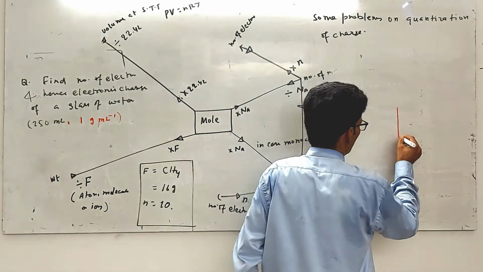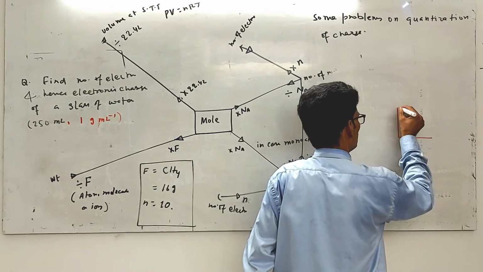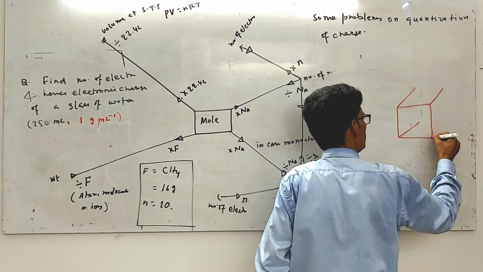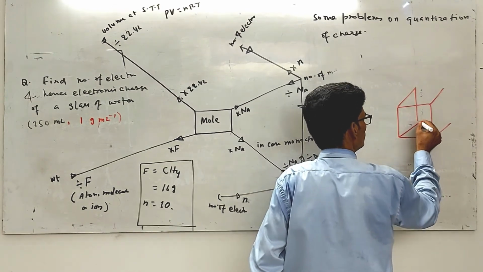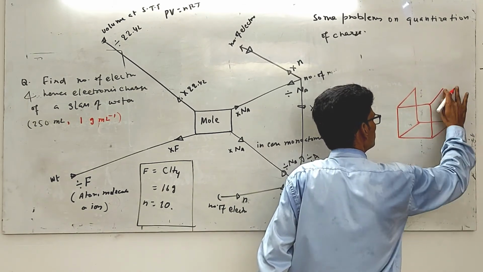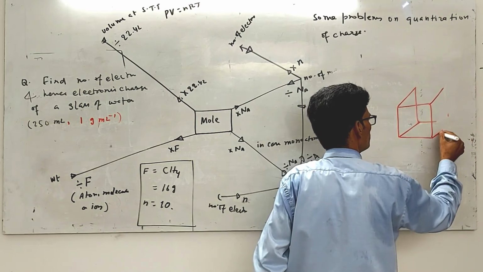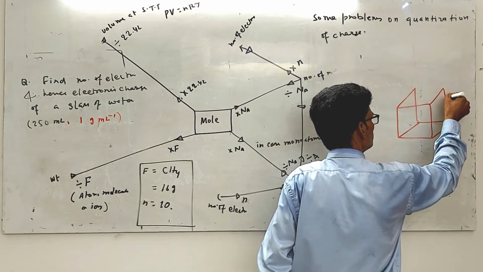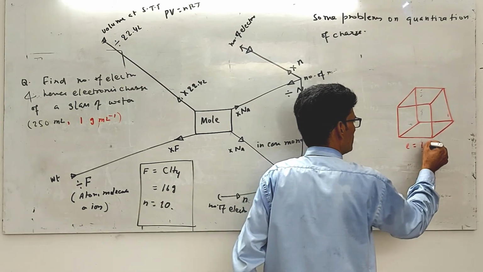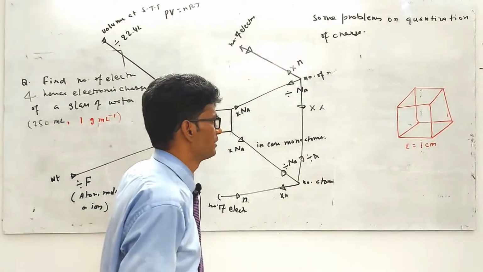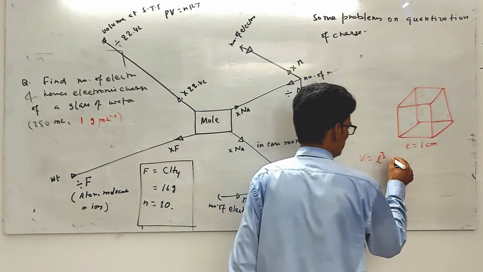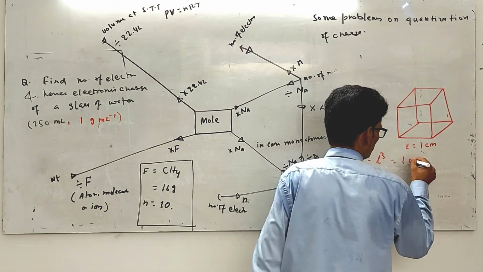So here is a very thin walled cube of edge length L equal to 1 centimeter. So volume is L cubed, meaning 1 centimeter cube.